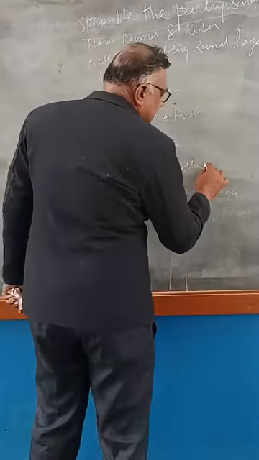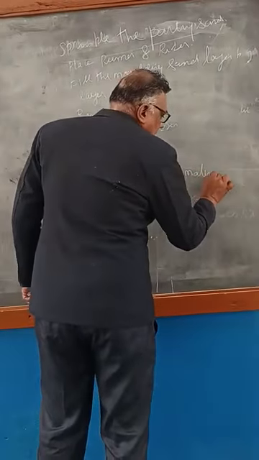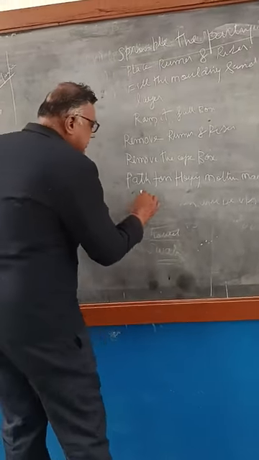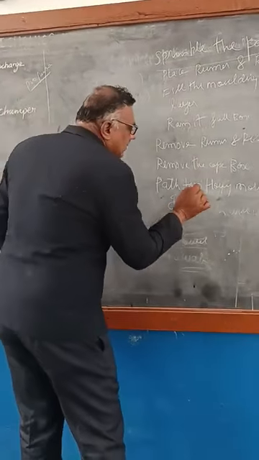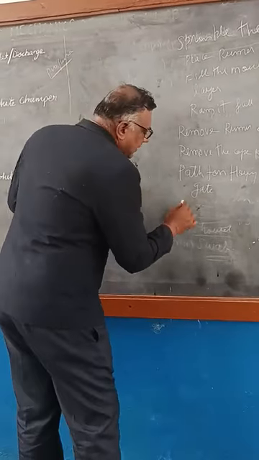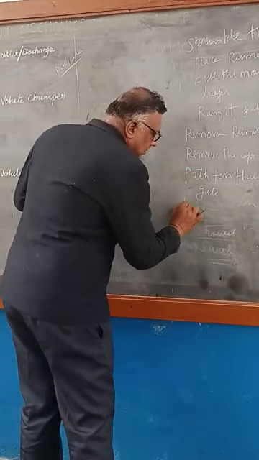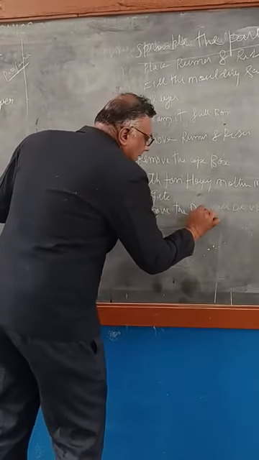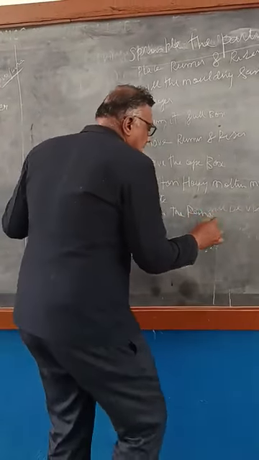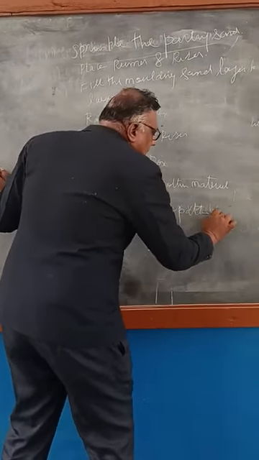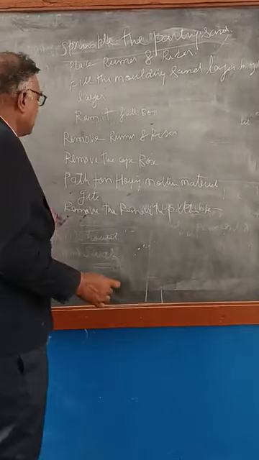This is called a gate. We have to cut the gate. Right. After that, you can remove the pattern from the box.